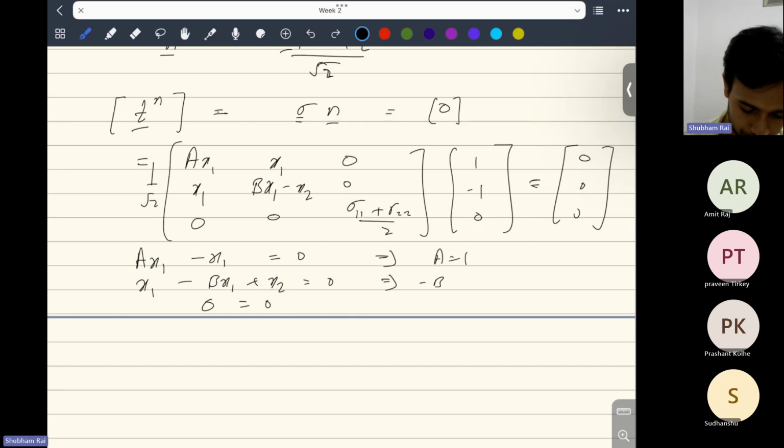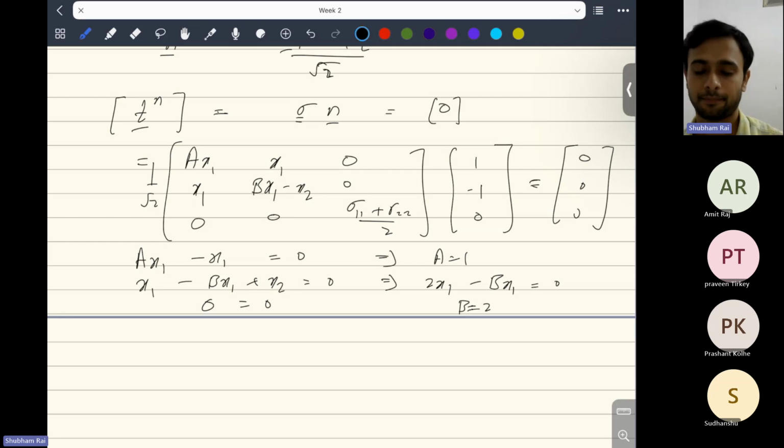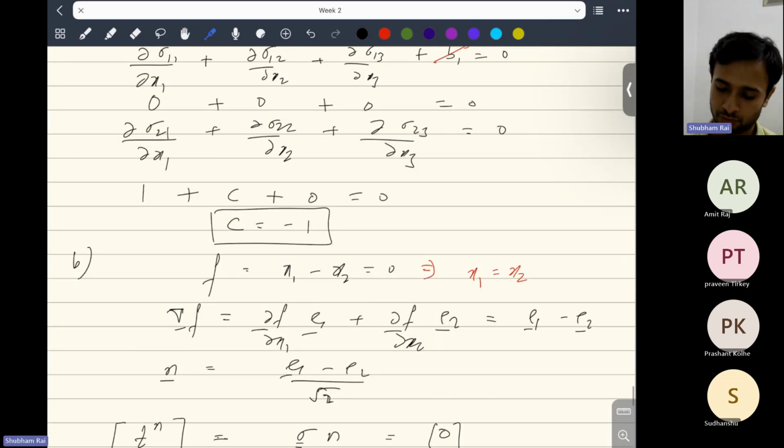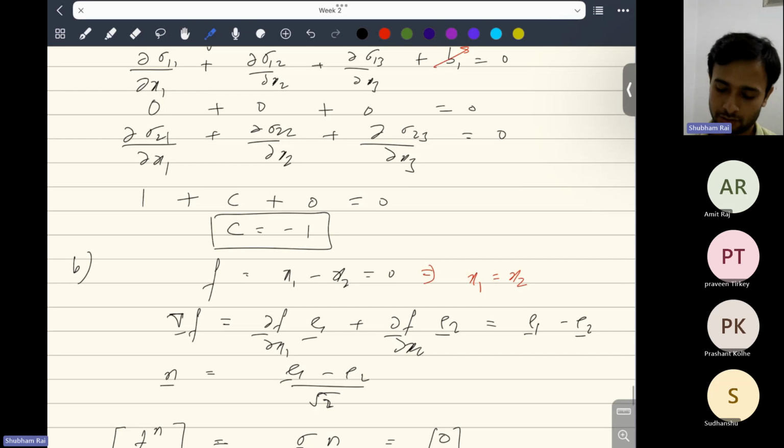So b will be 0. Right. Sorry, not b is 0. x1 is equal to x2, so that will be 2x1 minus bx1 equal to 0. So b will be equal to 2. That's fine. So here, just in this equation, you put x1 is equal to x2 because on this plane, x1 is equal to x2.